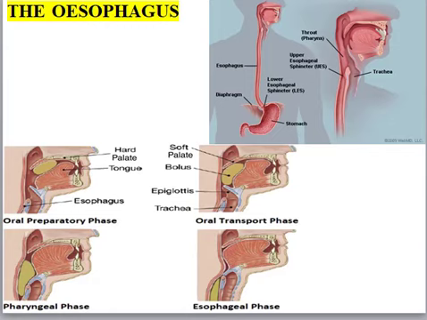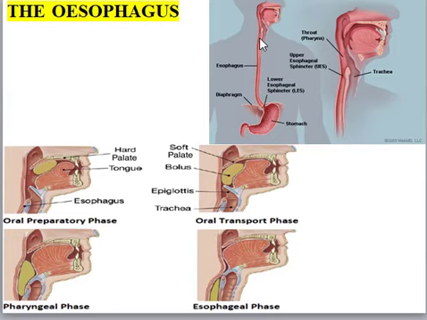After finishing the mouth, we start with the other part, which is the esophagus. The esophagus is a hollow tube. It is about 25 centimeters long. It is between the mouth and the stomach. Its upper part contains voluntary muscle, while the lower two thirds contain smooth muscle.